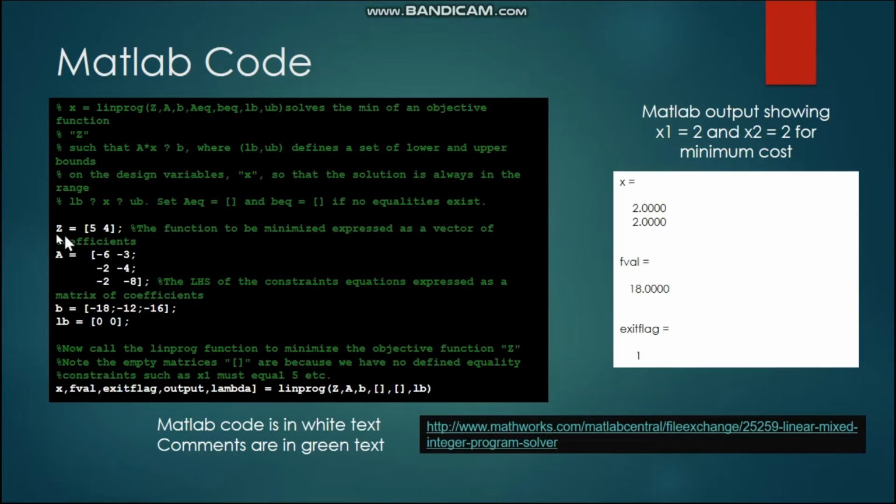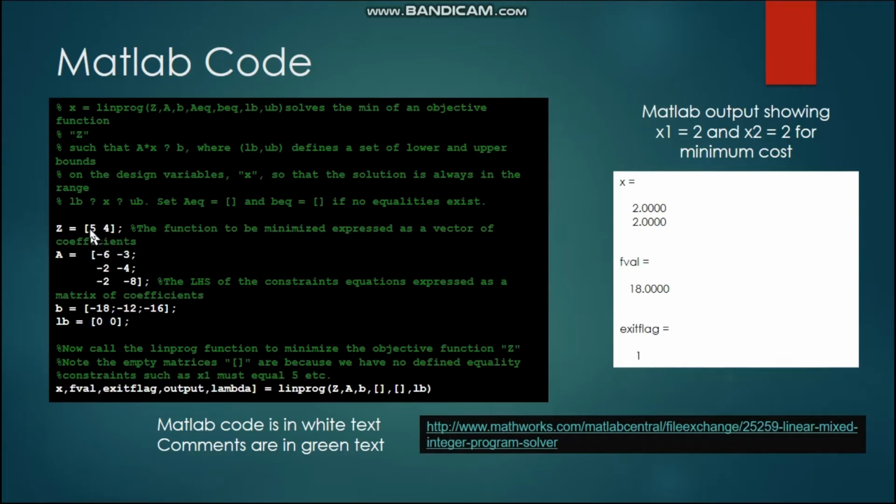In this case, we say that z is equal to [5 4]. This basically says that z is going to be a function where the coefficients of x1 and x2 are 5 and 4 respectively.